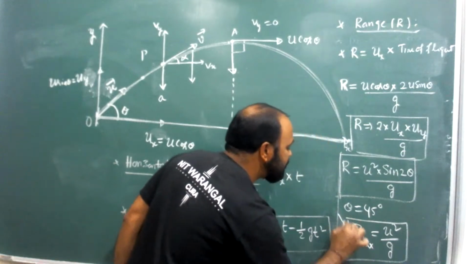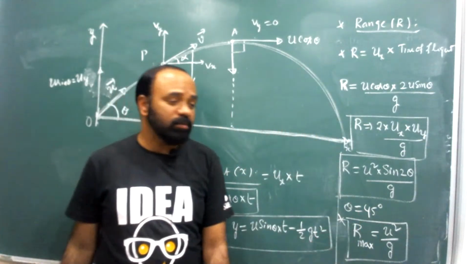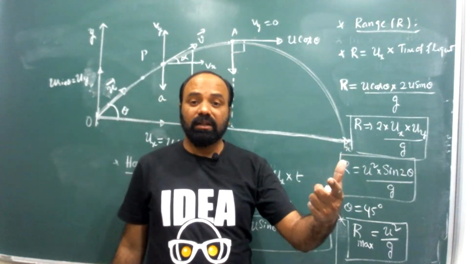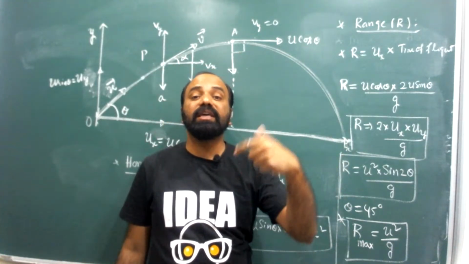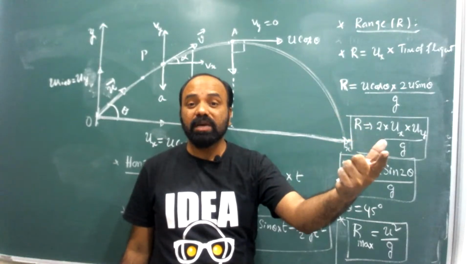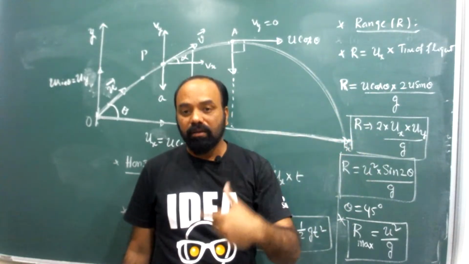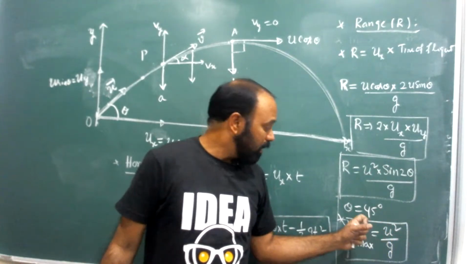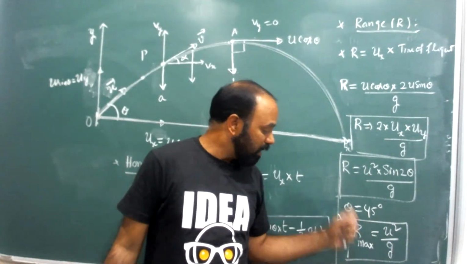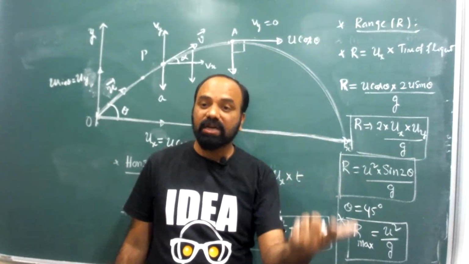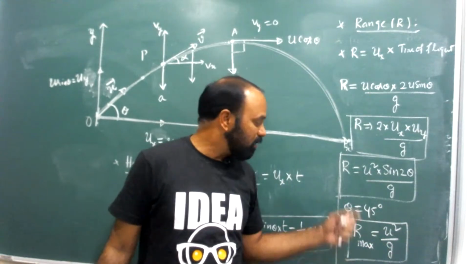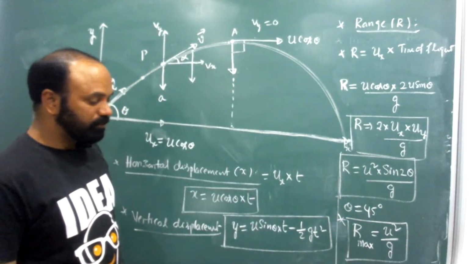Why should we learn this concept particularly? In the problem, they will not mention the angle of projection. They will give one keyword: range is maximum. That indirectly means the projection angle is 45 degrees. Is it clear? Range is maximum means theta equals 45 degrees.